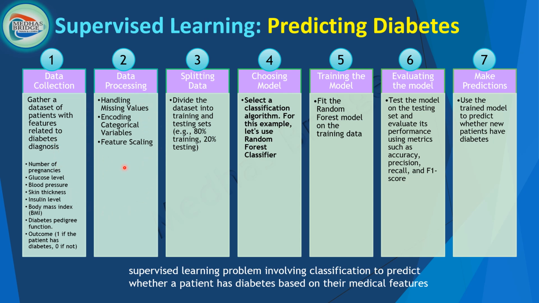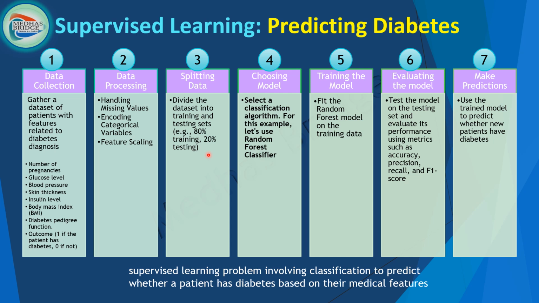Once you have the processed data ready, we have to split the data using the 80-20 rule. 80% of the data can be considered as training data to train the model. 20% of the data can be used for testing the model, like evaluating the model.